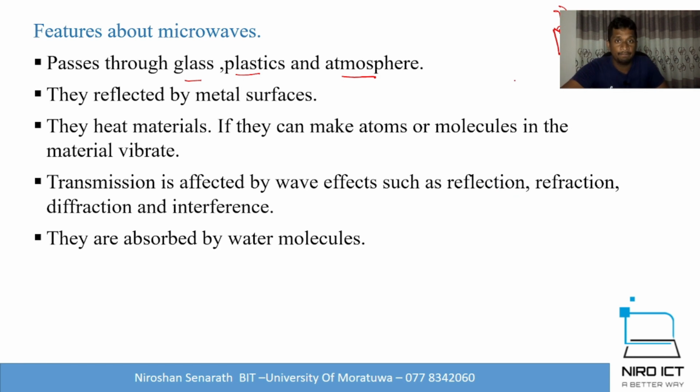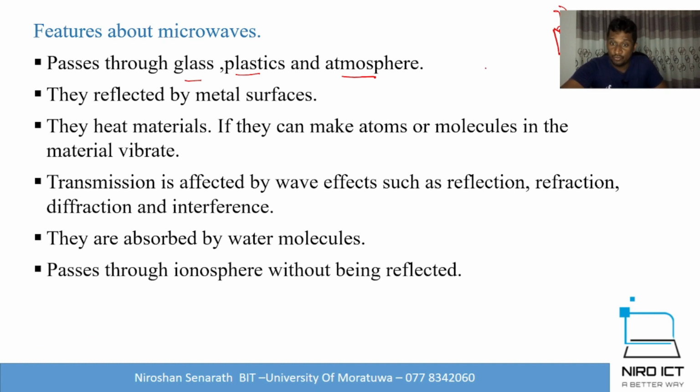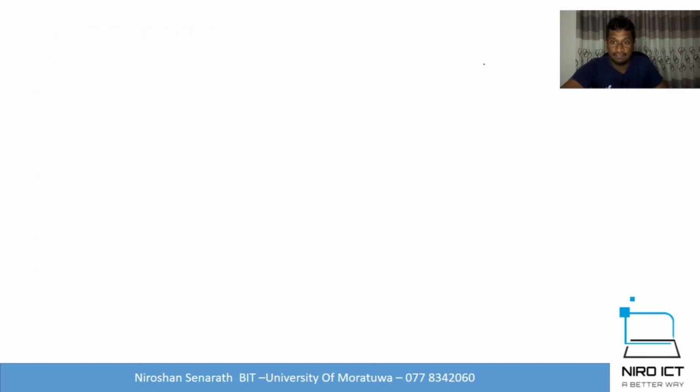That's why, when you are watching your television and there are many rainy clouds in the sky, they are covered by water molecules which absorb the waves. That's why our signal strength will be less. And they pass through the ionosphere without being reflected.